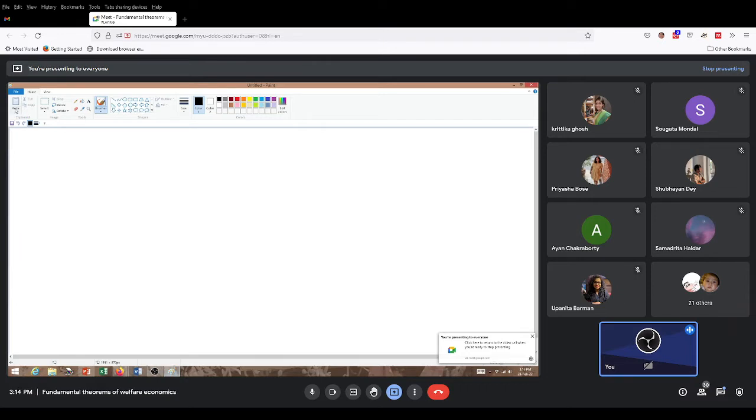So in the last class, I had said that we have two objectives. One was efficiency and the other was equity. Normally we would expect that we require two instruments because we have two objectives.